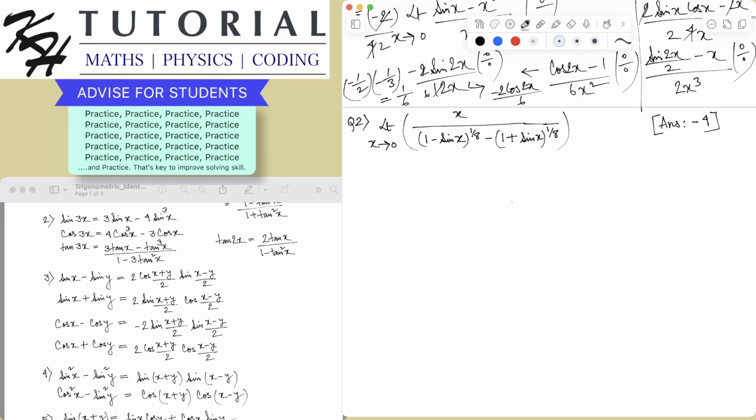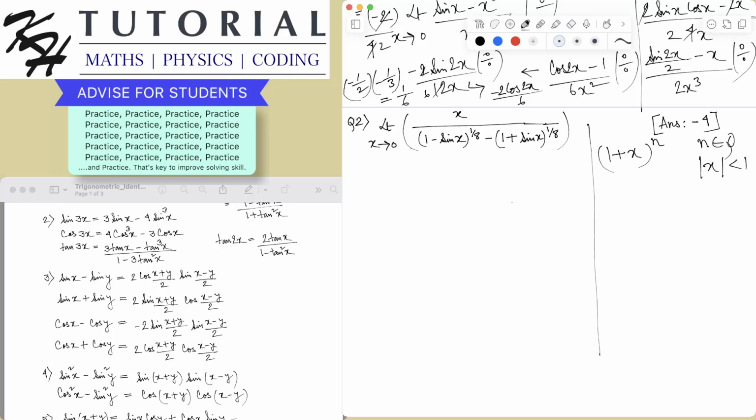Maybe it is possible, but a much easier way is to use the expansion series. This expansion, that is (1 plus x) whole to the power n, where n belongs to Q, the letter Q standing for the set of rational numbers, and mod x is a real number less than 1.